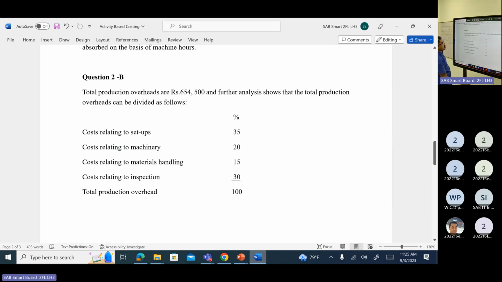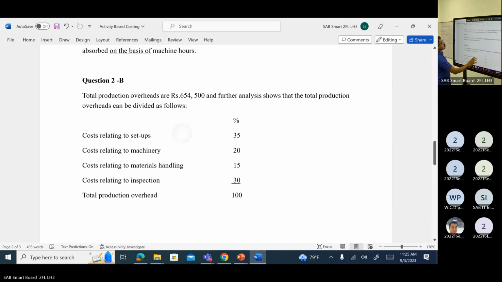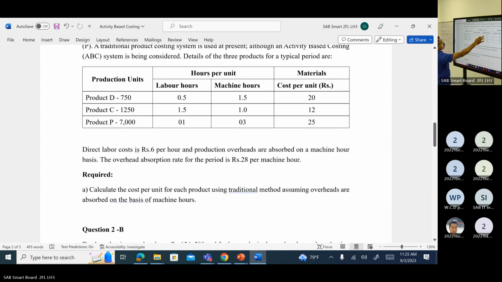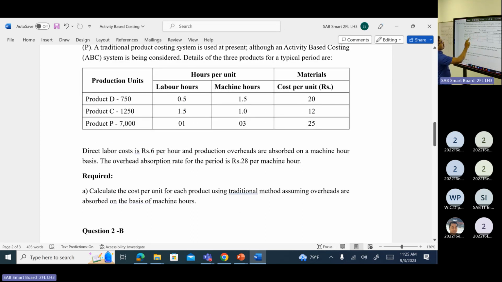Machine hours can be found: 1.5 into 750, 1,250 into 1, 700 into 3. Total number of machine hours.